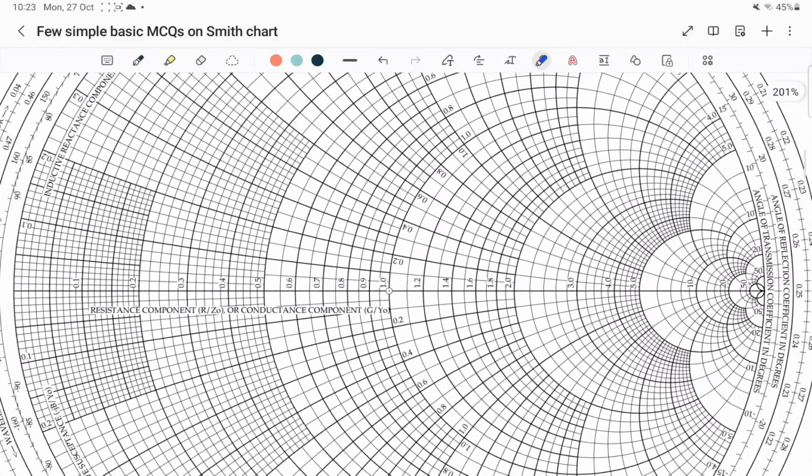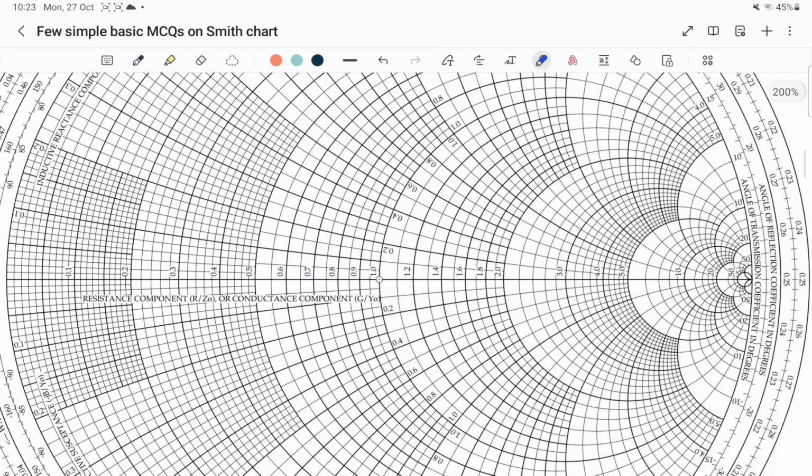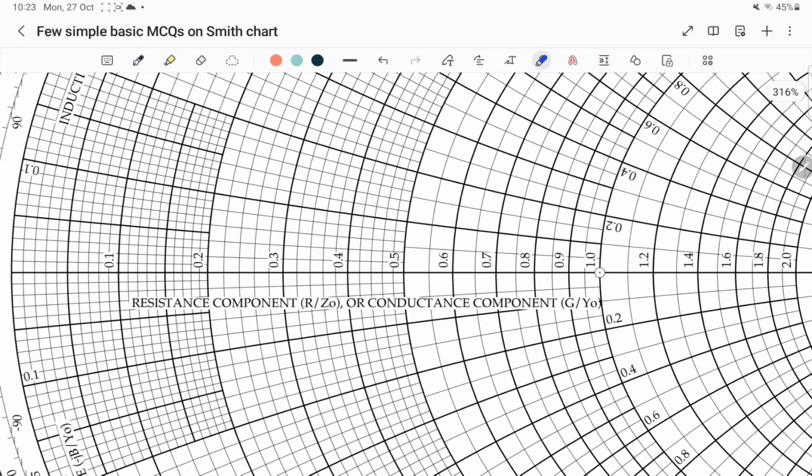The first measurement scale which you can see in a Smith chart is along this horizontal line. It has various numbers written on top of this horizontal line, such as 0.1, 0.2, 0.3, 0.4, 0.5, etc. Here it is written resistance component R over Z0 or conductance component G over Y0.